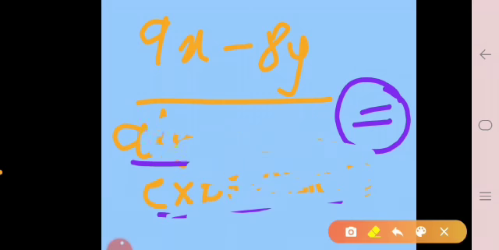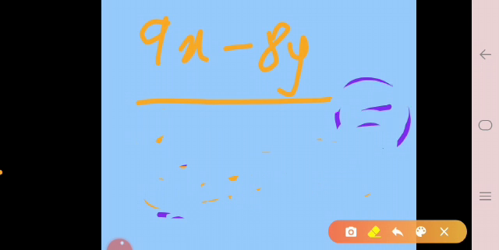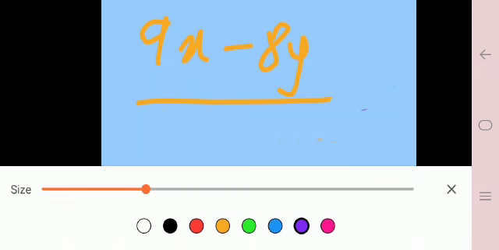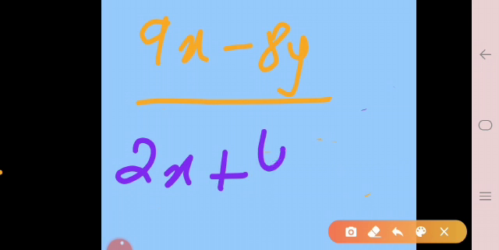So for example, if I'm going to have a different expression, एक हमारे पास expression already ऊपर लिखा हुआ, that is 9x minus 8y. Let me take another example of an expression, that is, let's suppose 2x plus 4y.